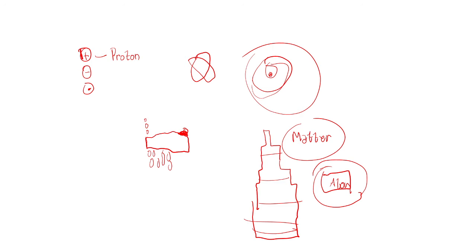These are protons. Now the negatively charged particles, you will be thinking these are neutrons. No, those are not neutrons. Those are called electrons. And this dot represents nothing.